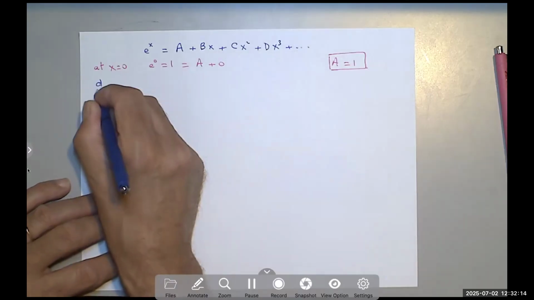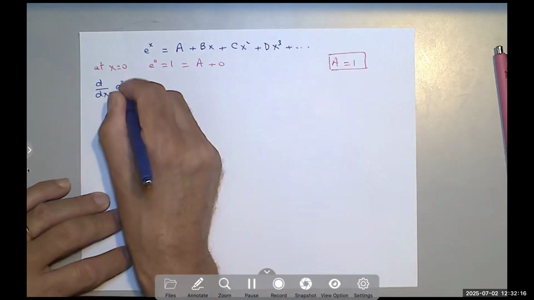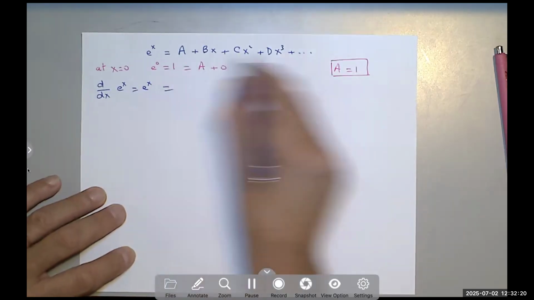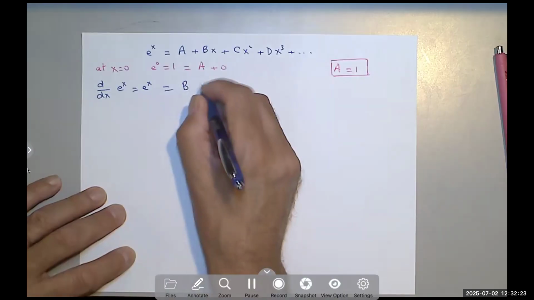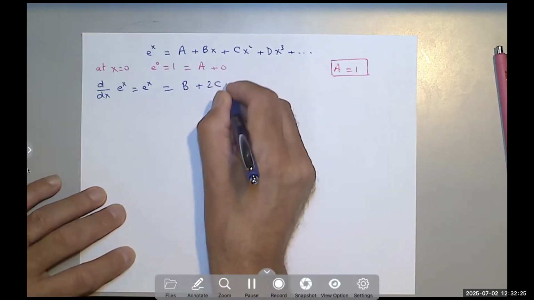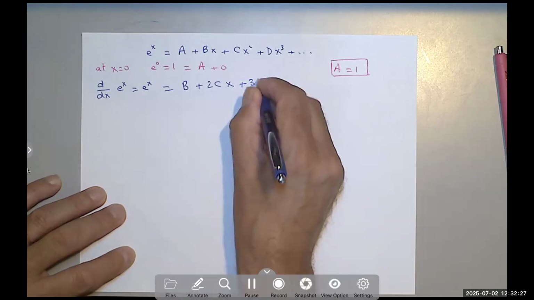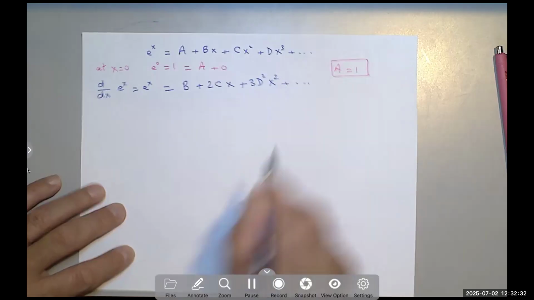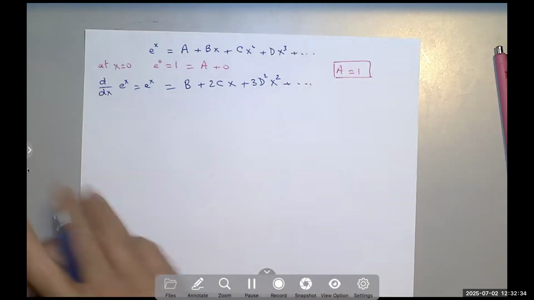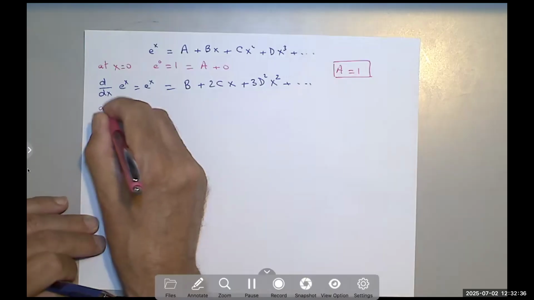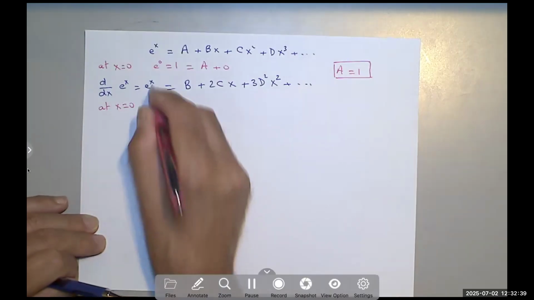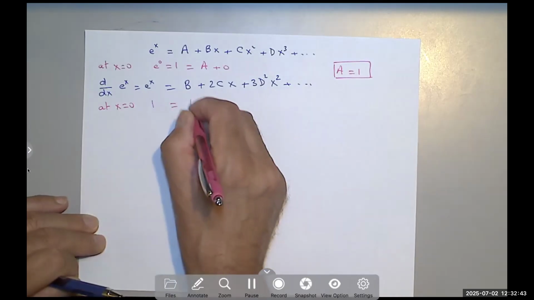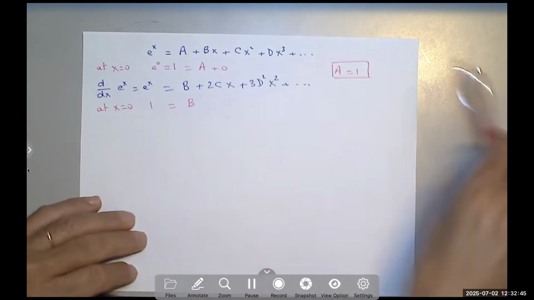So d/dx of e to the x, which is still e to the x, equals d/dx of that, which is b plus 2cx plus 3d x squared plus till infinity. And again, at x equals 0, the left-hand side is 1, the right-hand side is b. So b equals 1 also.